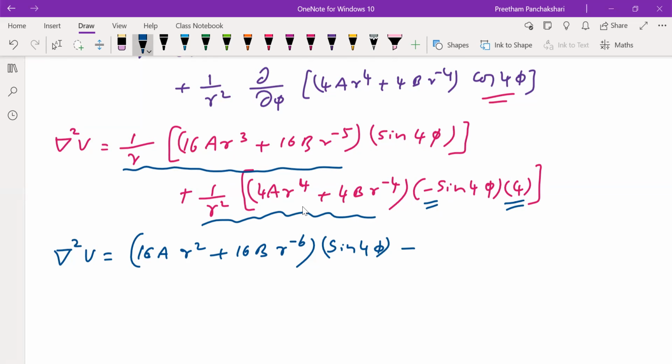So 4 into 4, 16 here. R power 4 divided by r square is r square. Similarly, 16b r power minus 6 into sine 4 phi.